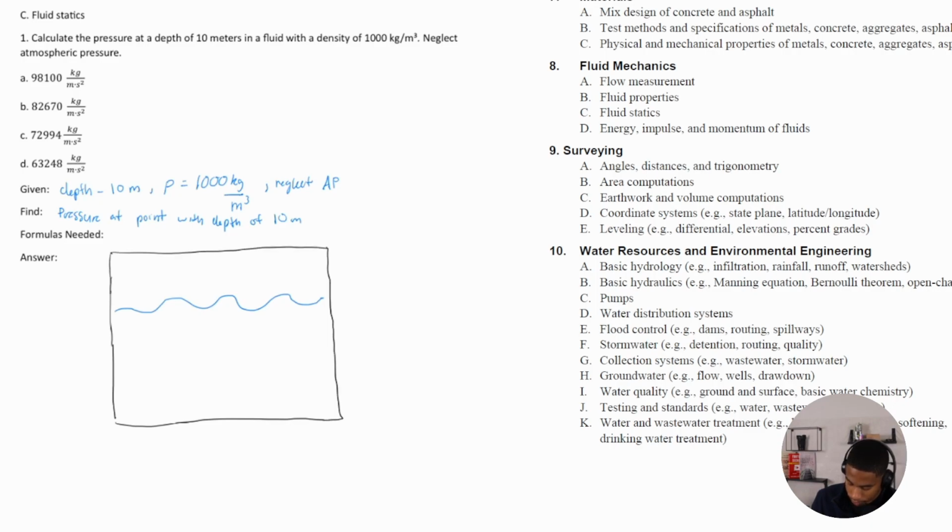The top, right? And we are trying to find the pressure at this point here. The distance from here to here is 10 meters, right? We just want to find the pressure with that depth of 10 meters. And we know the density of this fluid is 1,000 kilograms per meter cubed.